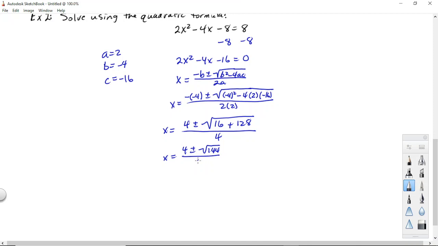Okay, we still have 4 on the denominator, so we can simplify that, and the radical is easy this time. Square root of 144 is 12. So that's 4 plus or minus 12 over 4. And we've done the hard part. We have to split that, though, into those two answers.